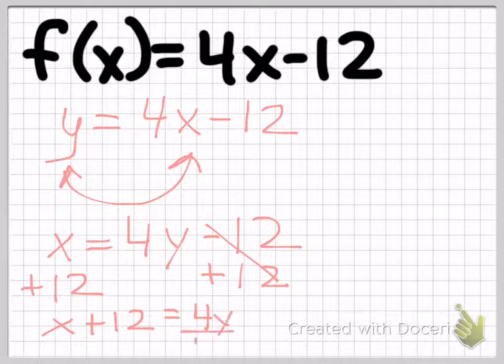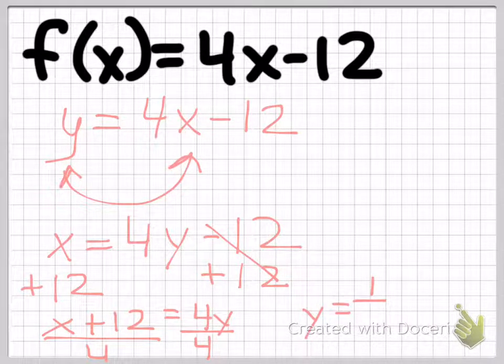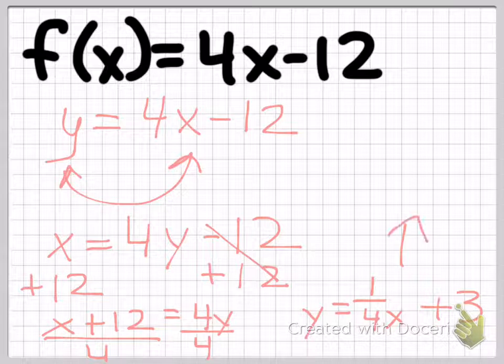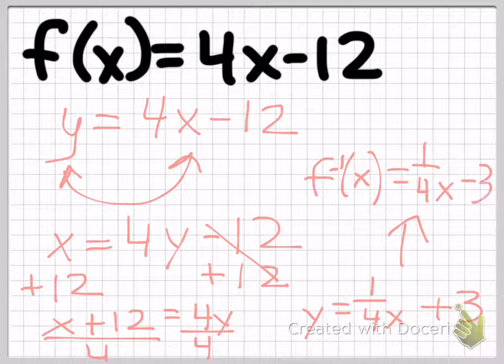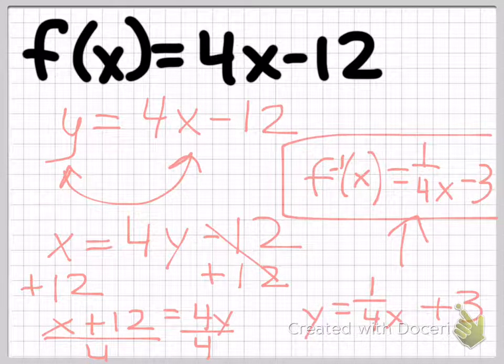And then I'd divide everything by 4 to cancel out the 4. If I simplify that, I would have y equals 1/4 x plus 3. And my final answer has to indicate that it's the inverse, so I would write it as f to the negative 1 of x equals 1/4 x plus 3. And this would be my final answer.